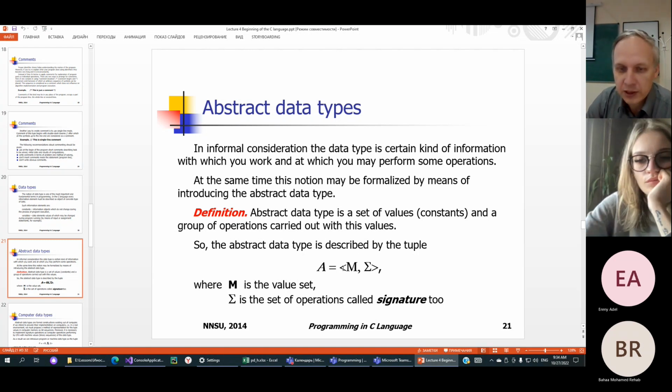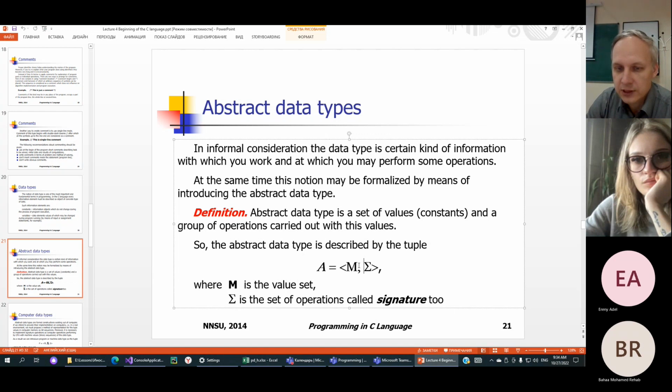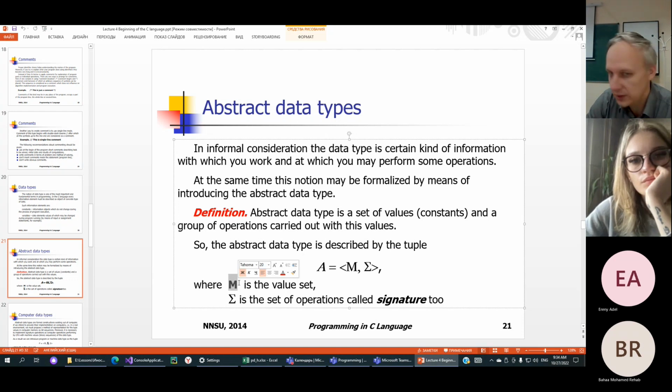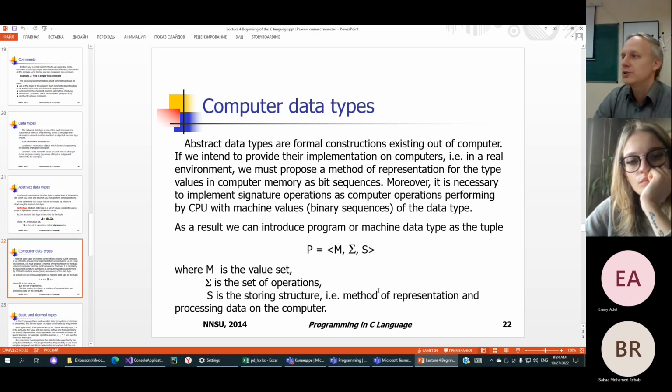And we can denote it as a tuple M and sigma, where M is the set of values and sigma is the set of operations. But an abstract data type I can write on a paper, on a board, but I cannot use this abstract type in computer.